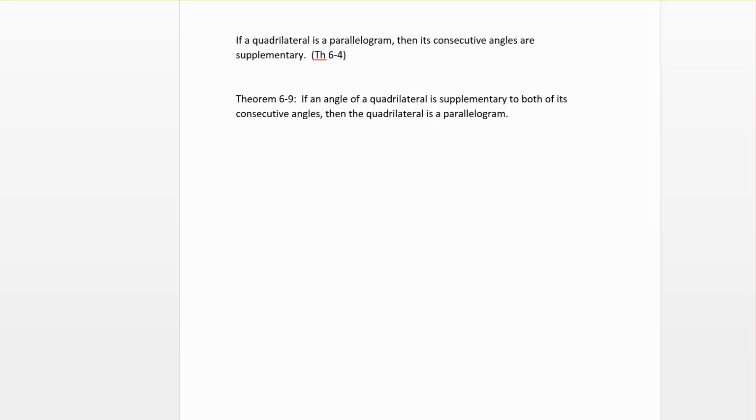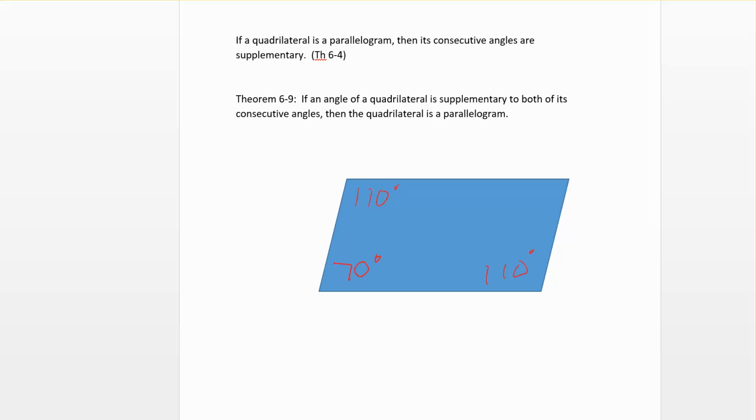Let's take a look at that in a picture. So in this picture, we have a four-sided figure. It's a quadrilateral. We don't know if it's a parallelogram yet, but theorem 6.9 says if an angle of a quadrilateral, this one, is supplementary to both of its consecutive angles.